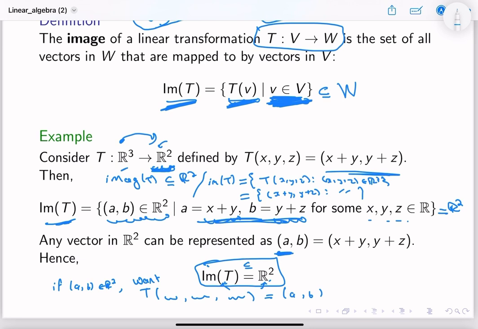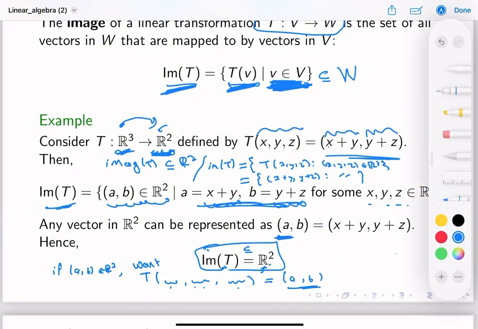So what kind of vector can we choose in R3, in the domain, so that the image is (a, b)? We can just take the vector (a, 0, b). Then the image is the first plus the second in the first component, so it's a plus 0, which is a, and the second component is the second plus the third, which is 0 plus b, which is b.